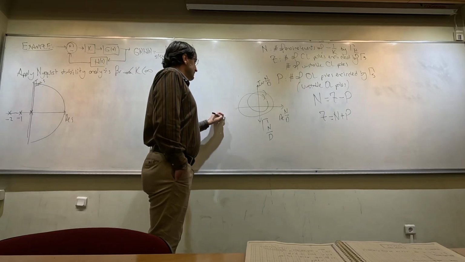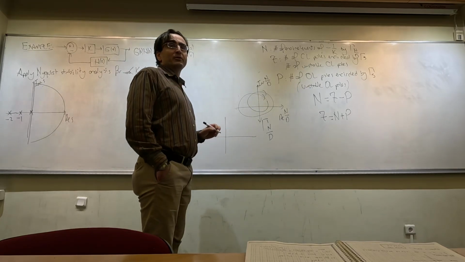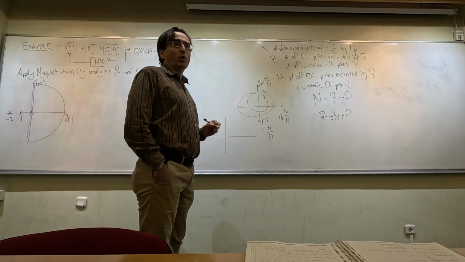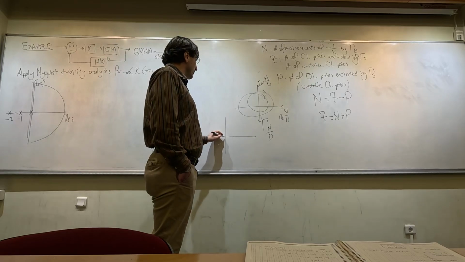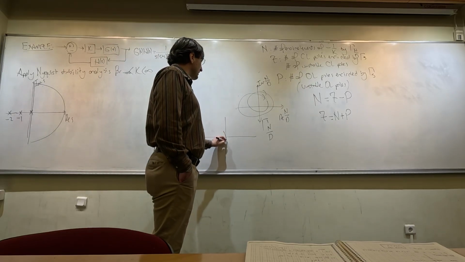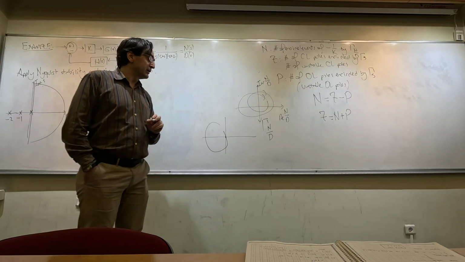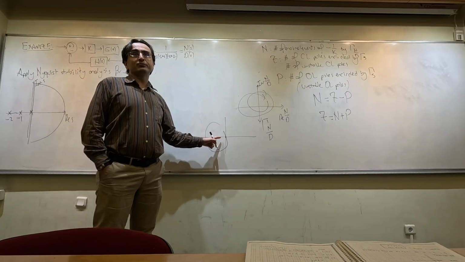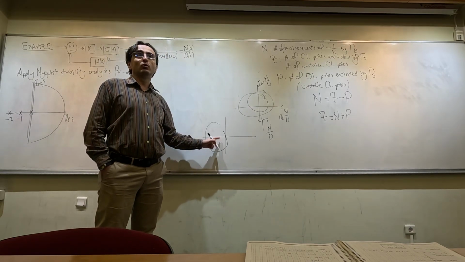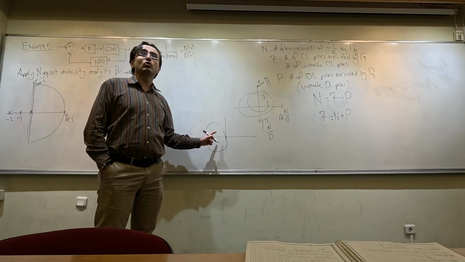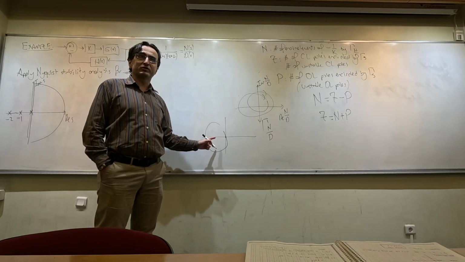Because in the original Cauchy principle of argument, if there is a 0 of the system on the contour, then your transformed contour would pass through the origin, and then you wouldn't be able to find the number of encirclements of the origin. It's going to cause a problem.